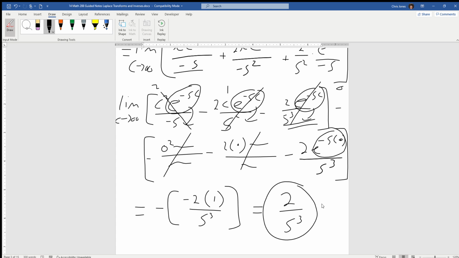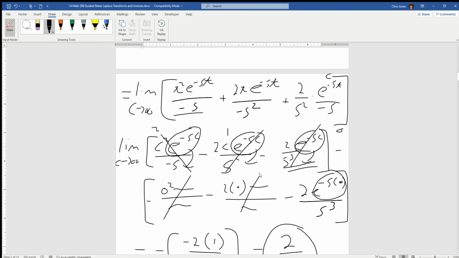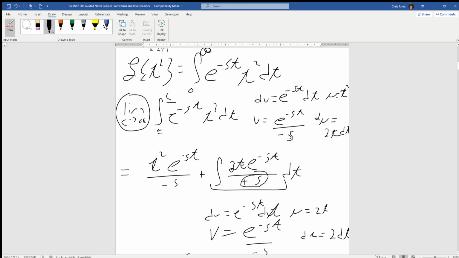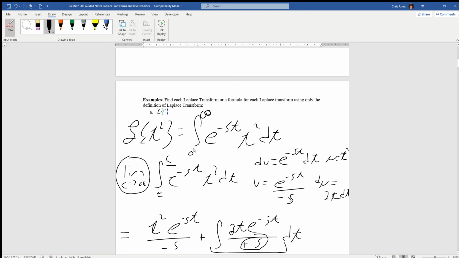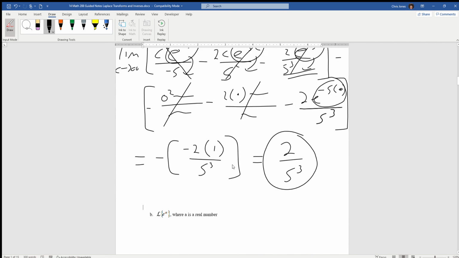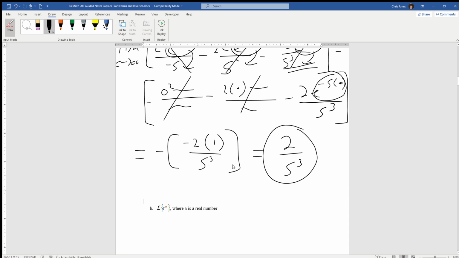Well, we took a function that was originally in terms of t, and we hit it with this integral transform, and now it's in terms of s. So we can say that L of t squared is going to be equal to 2 over s cubed.